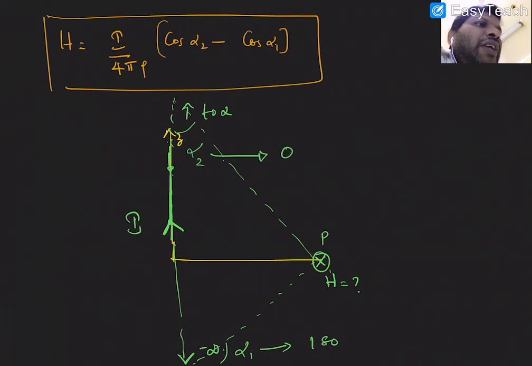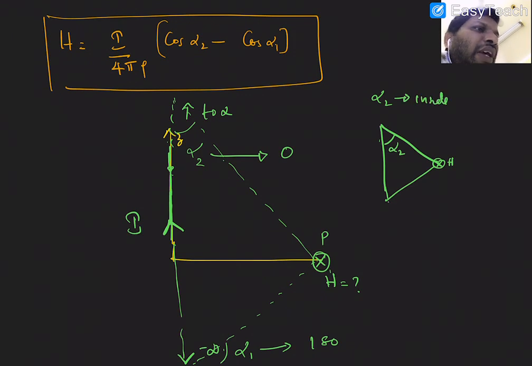You have to note that if you take this triangle, this is the point where you want to find H, alpha 2 is inside, and alpha 1 is outside. You can consider it in different ways also, but this is the notion I usually use.